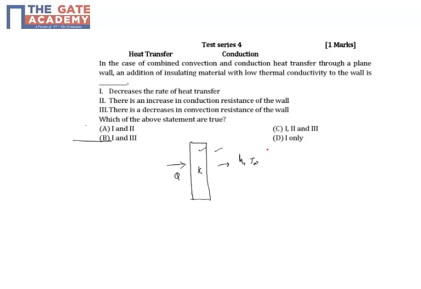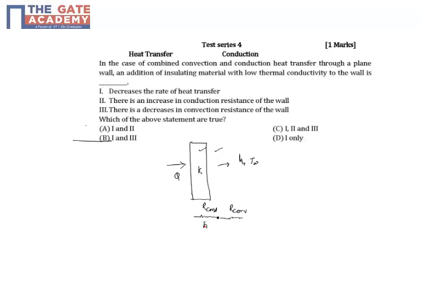Now, with the addition of insulating material with low thermal conductivity, what happens is asked. Obviously, before adding any thermal insulation, there are two resistances: this is conduction and this is convection.